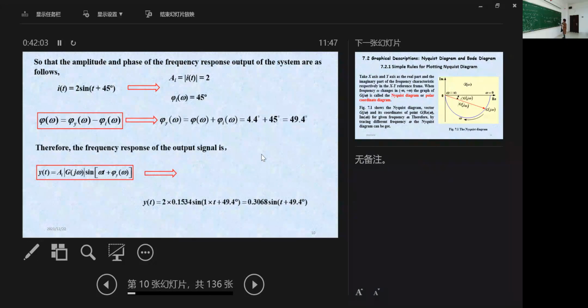According to the model, solve the loop, according to the feedback. One plus G2 plus G3 H.